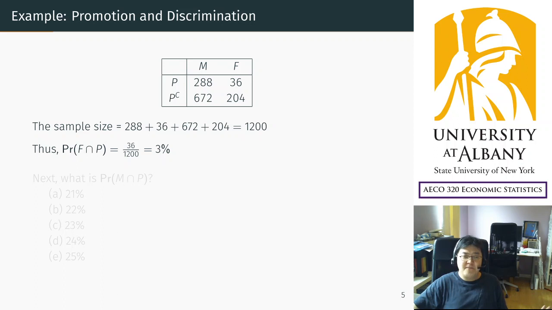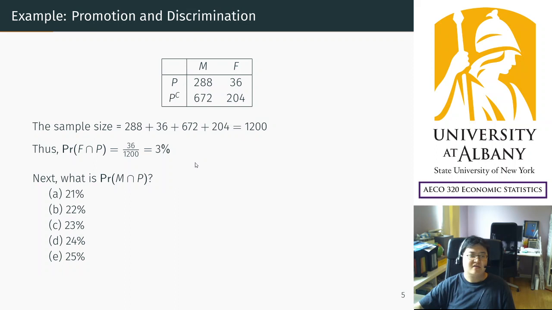Among them, 288 are male promoted, 36 are female promoted, 672 are male not promoted, and 204 are female not promoted. So among 1,200, only 36 are female and promoted. So it's 3%.